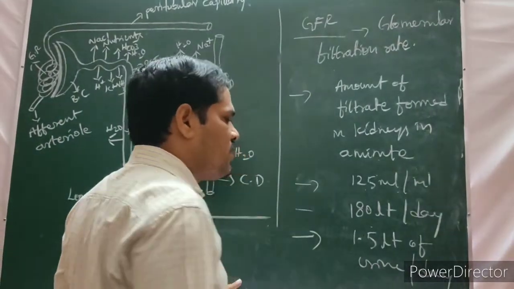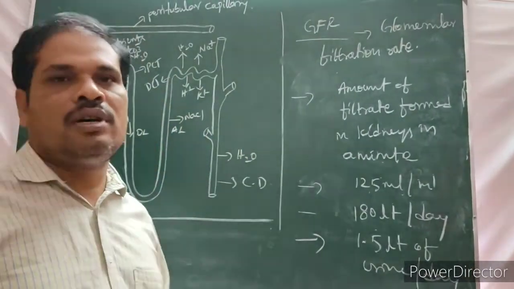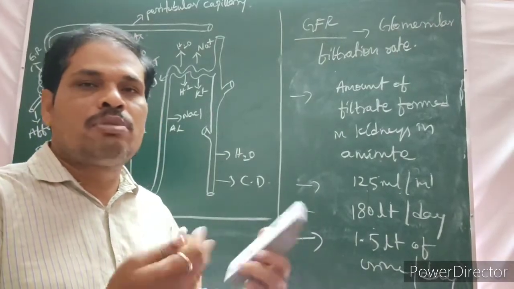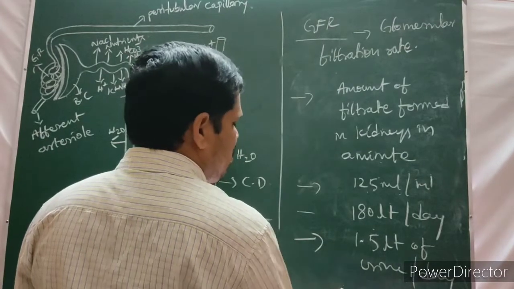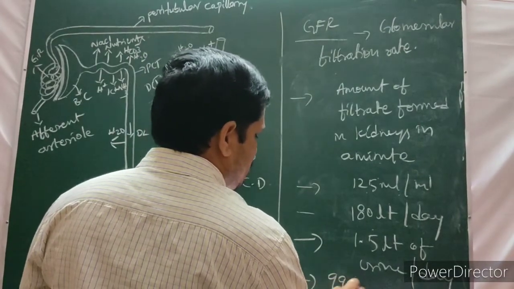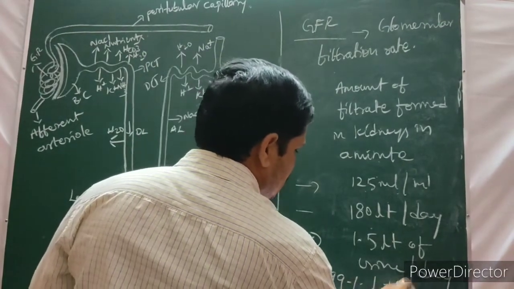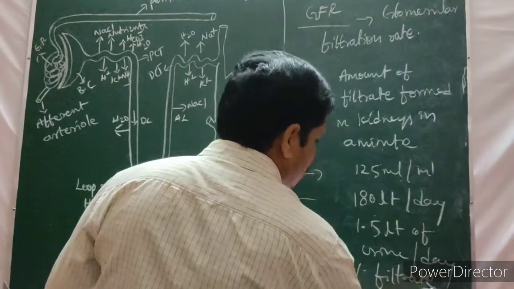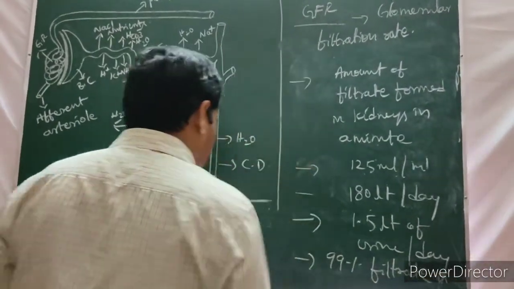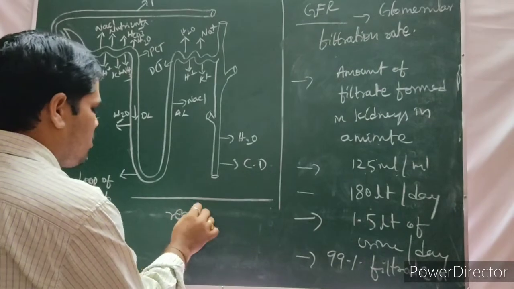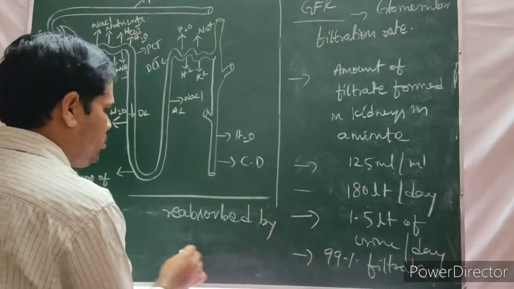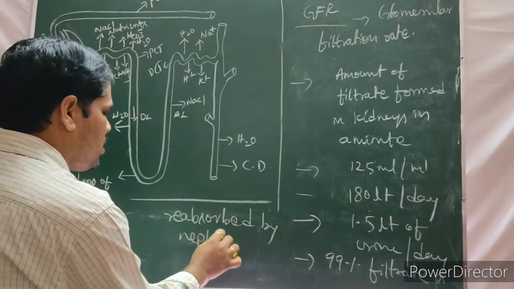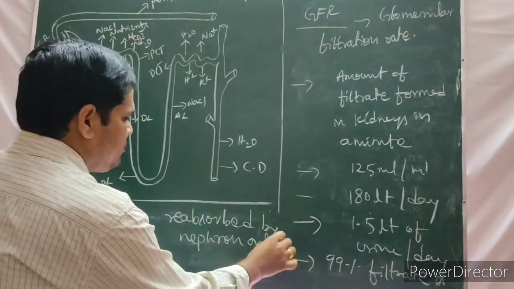So what is the meaning of that? 99% of the filtrate is reabsorbed by the nephron only. What is the meaning of this? 99% of filtrate is reabsorbed only. Reabsorbed by nephron only.